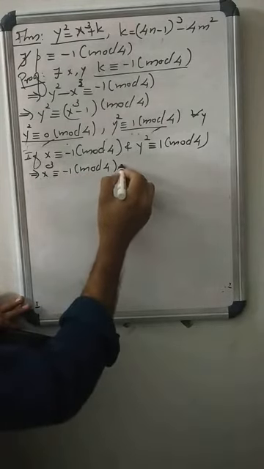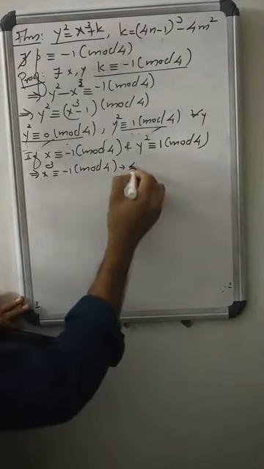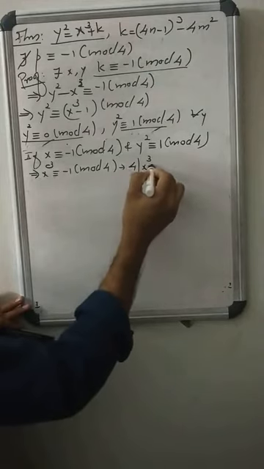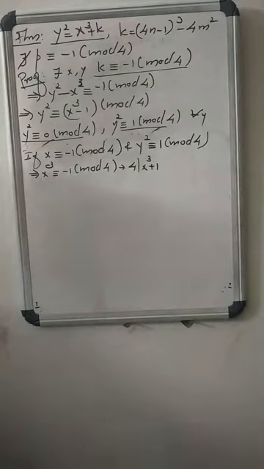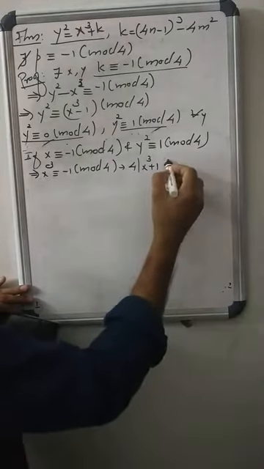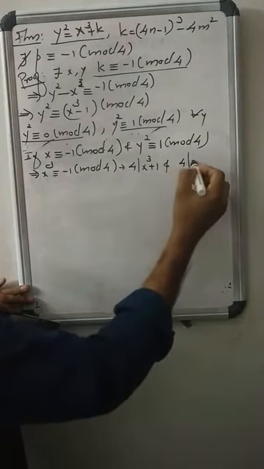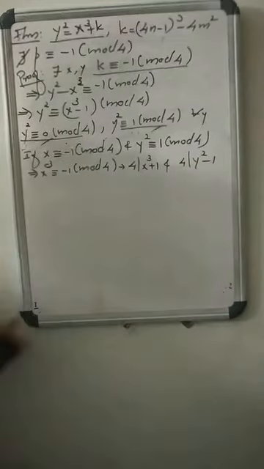Clear? So that means 4 divides x³ + 1, sure, x³ + 1 ≡ 0 mod 4. Also y² ≡ 1 mod 4 means 4 divides y² - 1.